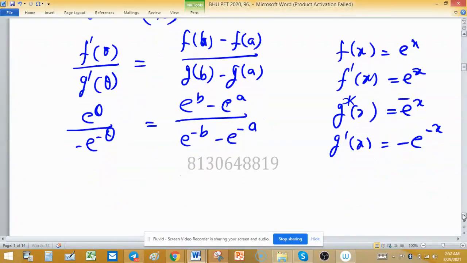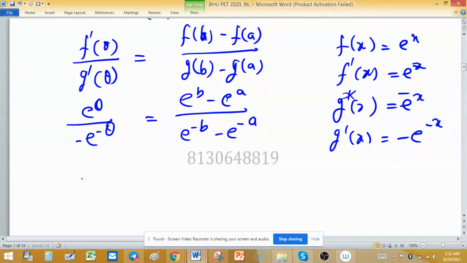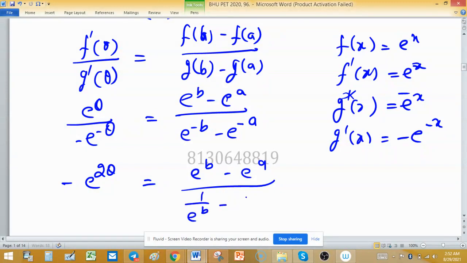We are going to simplify only the right hand side, and the left hand side will be negative of e raised to the power 2 theta. The right side is e raised to the power b minus e raised to the power a upon 1 upon e raised to the power b minus 1 upon e raised to the power a.